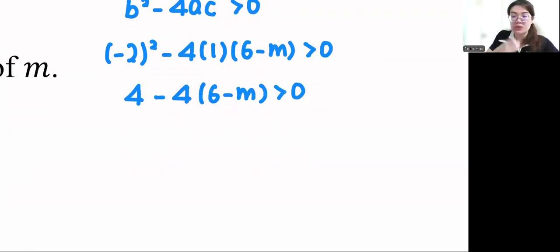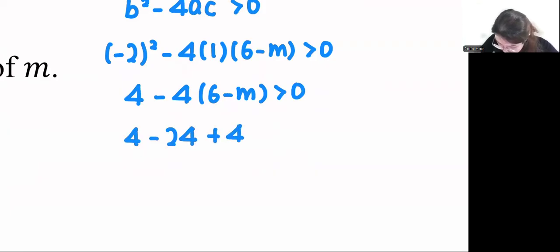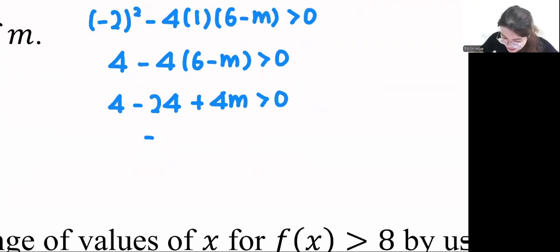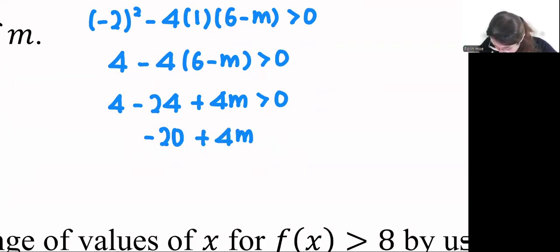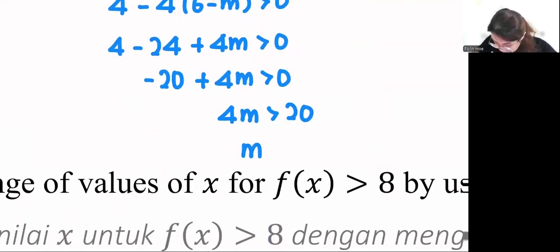The safest way is to expand first. 4 minus 24 plus 4m is bigger than 0. So this side is negative 20 plus 4m is bigger than 0. 4m will be bigger than 20. m will be bigger than 5.